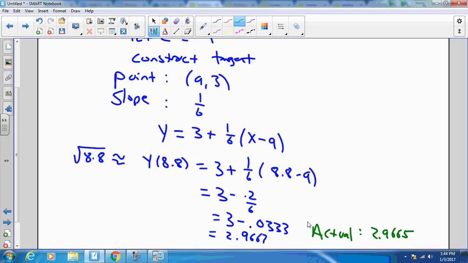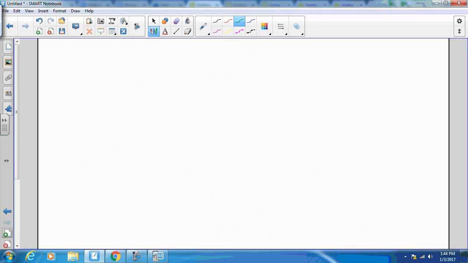Now, I've done this for square root functions, but we can literally do this for any function whatsoever as long as the derivative exists at the given point. So, if we use this procedure on a completely different function, for example, estimate e to the 0.15 power.